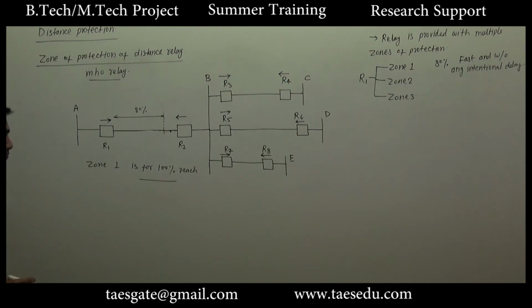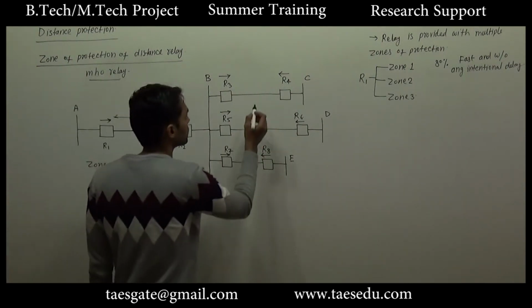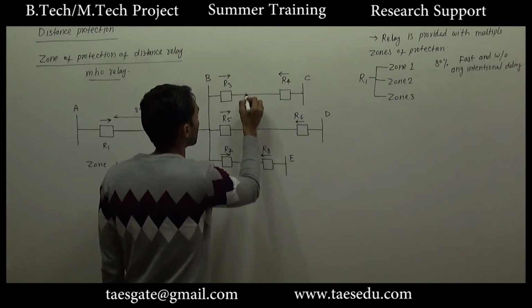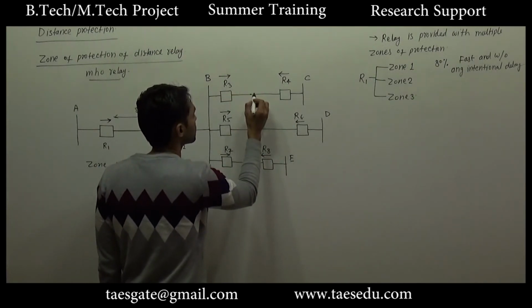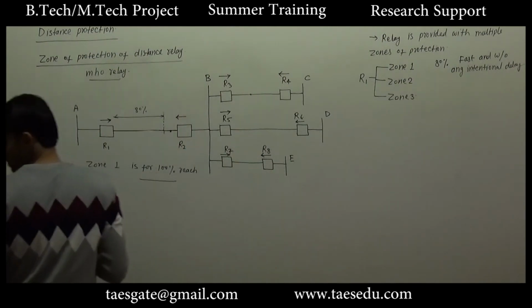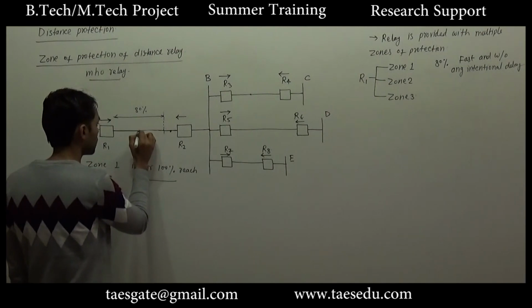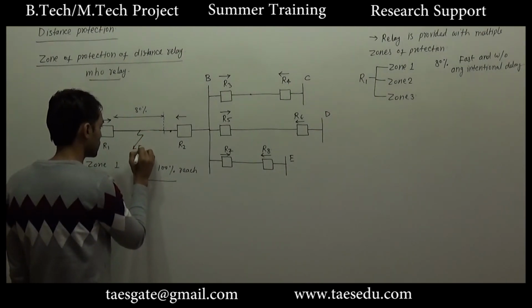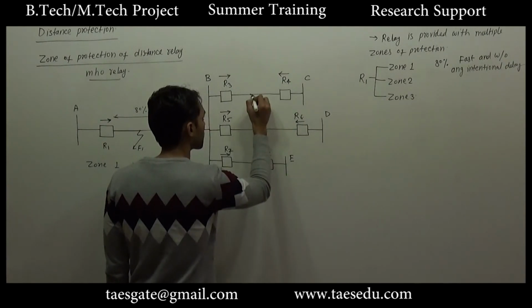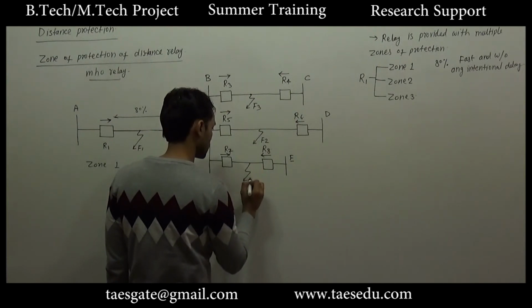For any fault between bus B and C, R3 will provide primary protection. Similarly, let's say this is fault 1, this is fault 2, this is fault 3 and this is fault 4.